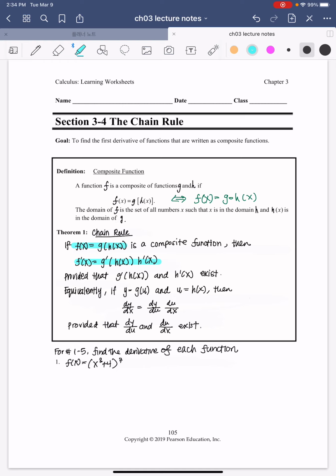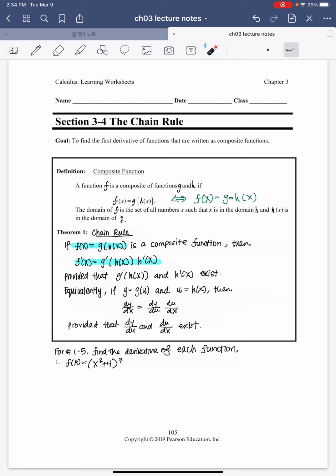Notice we have another composite function going on. We first take the derivative of the g function and then put h into it, then take the derivative of that inside function and multiply, provided that both g prime and h prime exist.